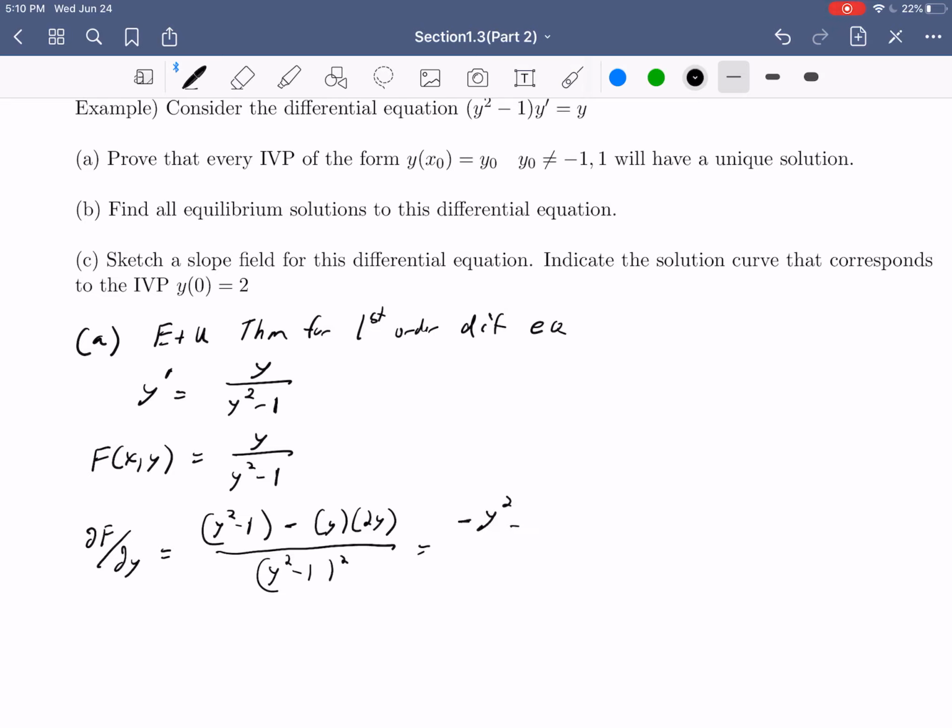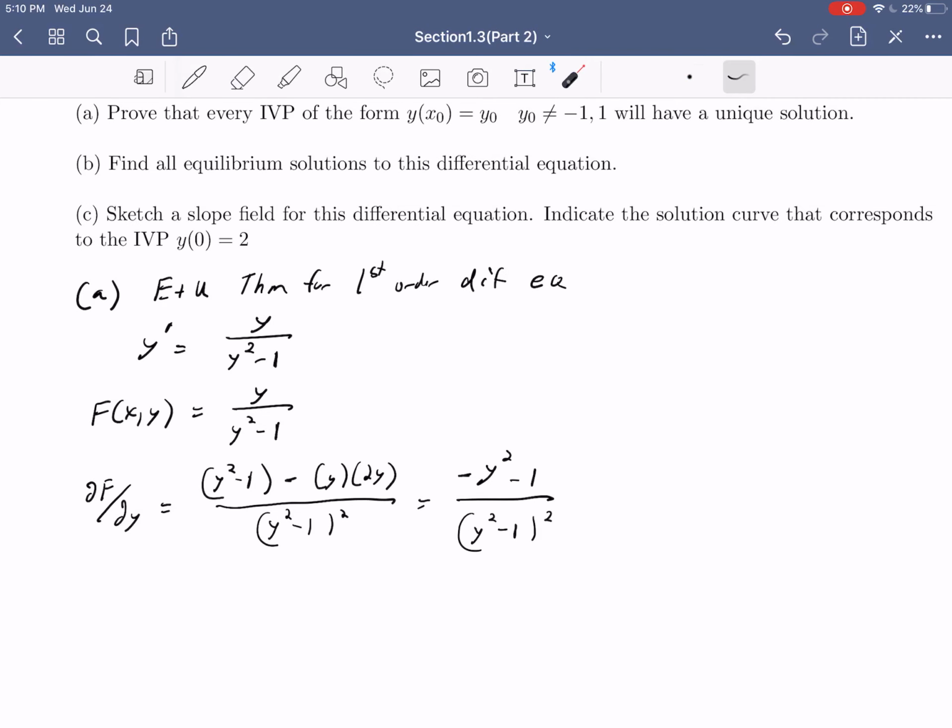Minus y squared minus 1 over y squared minus 1 squared. Are there discontinuities in these? For sure. When that denominator is 0, there are going to be discontinuities. But of course, the denominator is only 0 at -1 and 1, which are the places we're trying to avoid anyway.